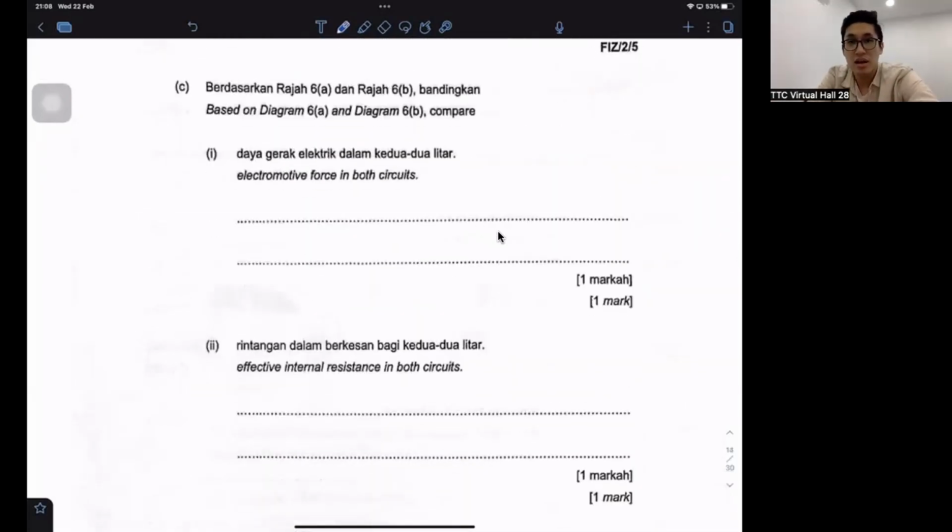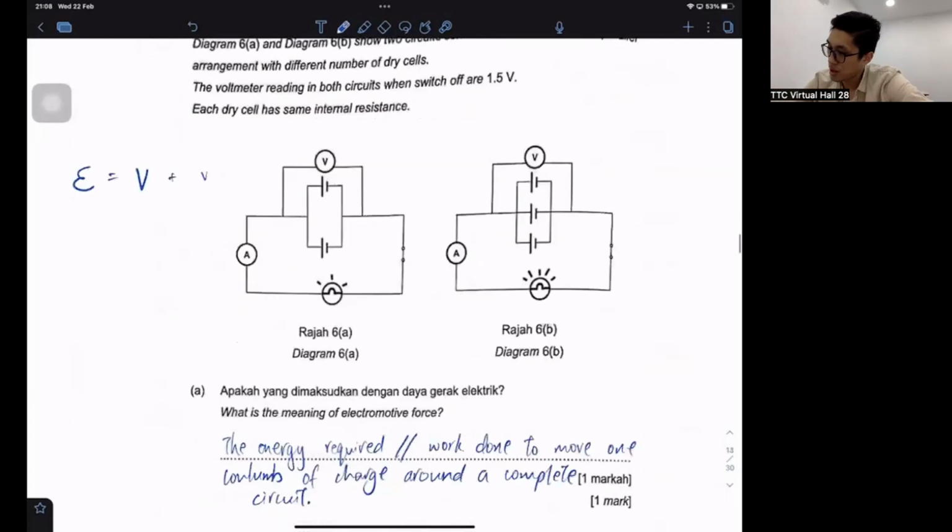Okay, next. Based on the diagram, compare the EMF in both circuits. So the EMF here and the EMF here, what is the difference? You see the voltmeter reading in both circuits when off, which means EMF, is 1.5.